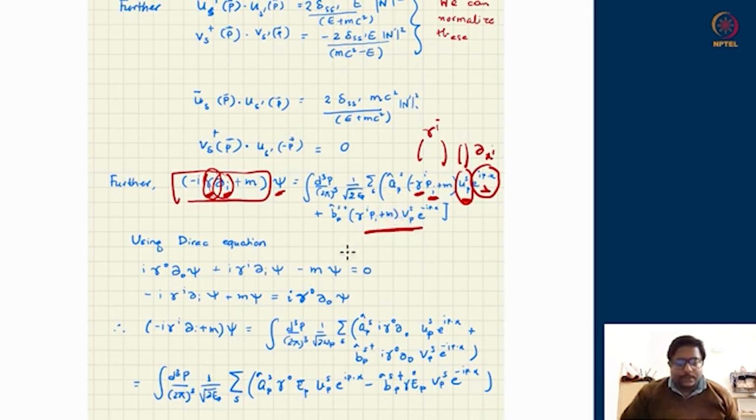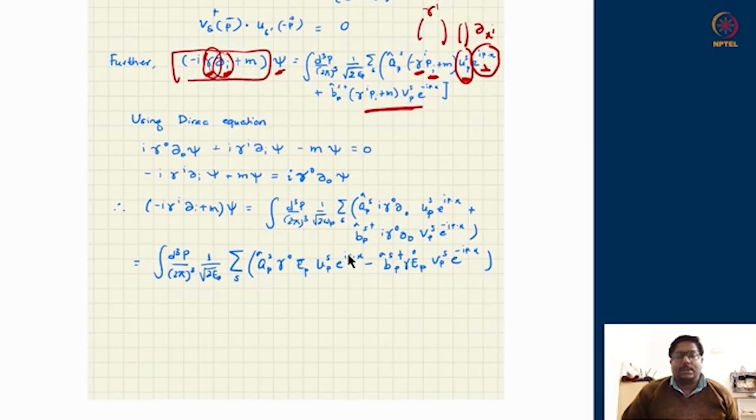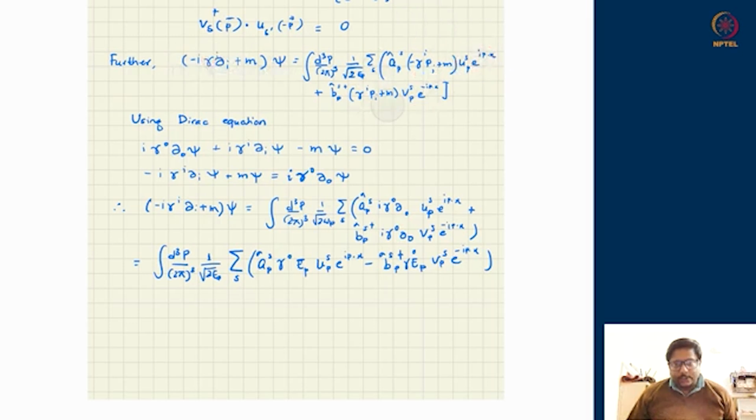Okay, so far so good, but there is another, easier, more convenient way of obtaining the action of this operator. You can do this exercise also and find out what happens at the end of the day. But an easier way is this: use the Dirac equation. I know the Dirac equation is i gamma mu del mu psi, not gamma i del i, which is required over here. So I write it like this.